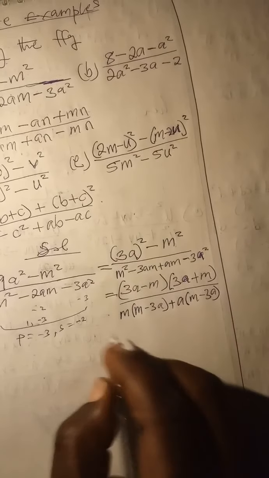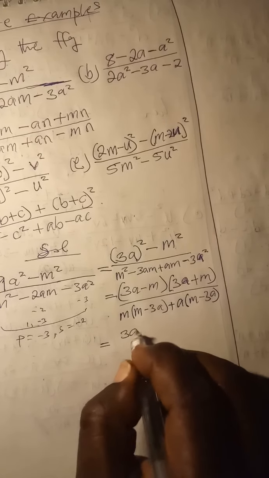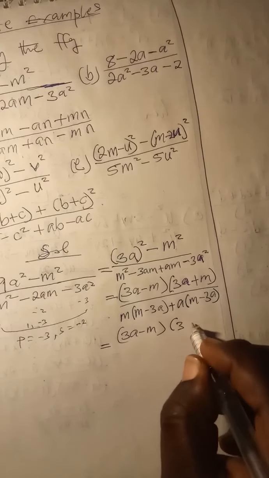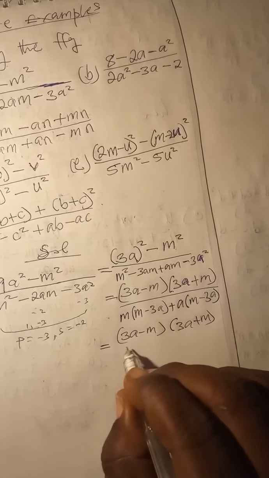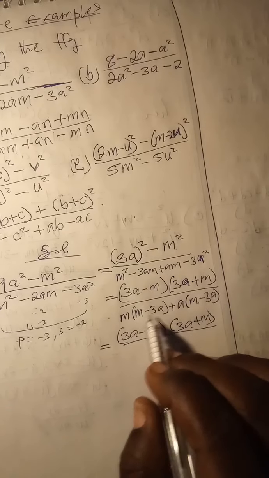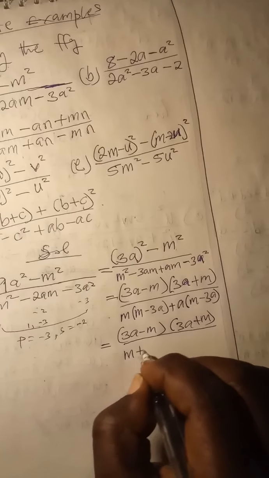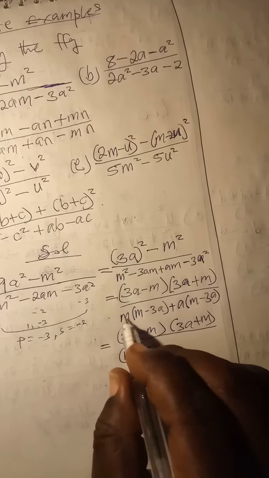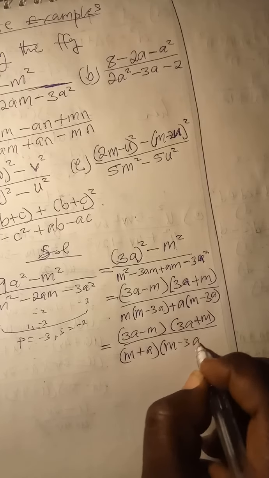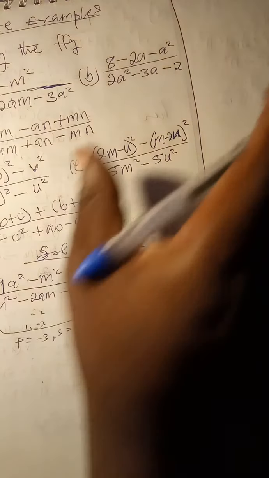So the numerator is 3a minus m, 3a plus m over, now I can factorize the denominator, putting it in factored form: m plus a bracket m minus 3a. So they are all now in terms of products. I have factorized top and bottom.